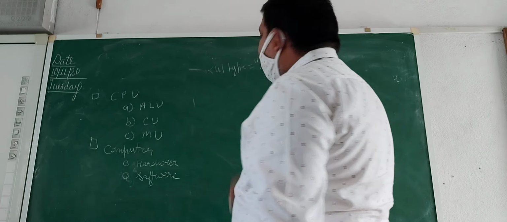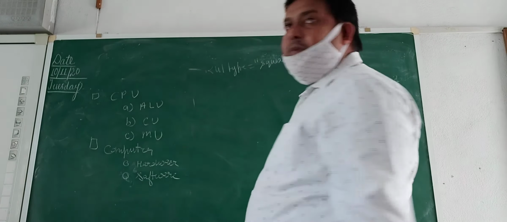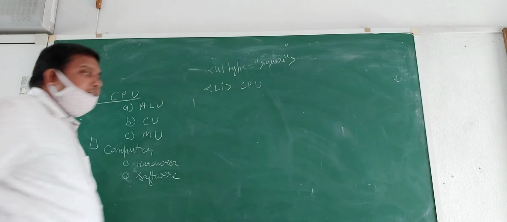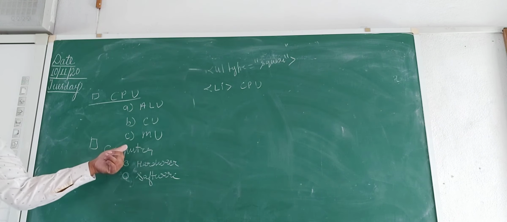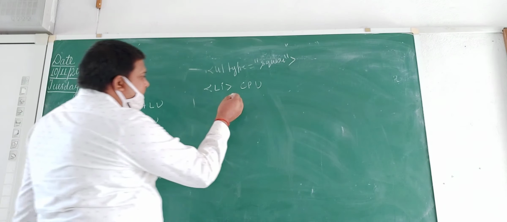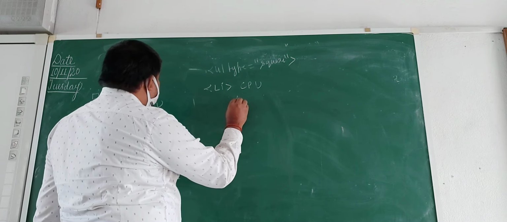Is it clear? UL type is equal to square. And the first item we have to display is CPU. So I will write Li, and then I display the CPU. And the CPU has again a sublist.